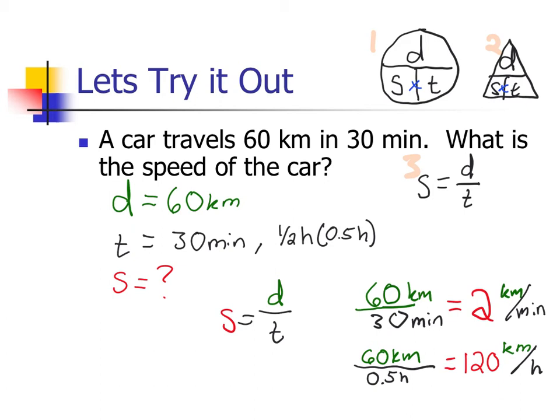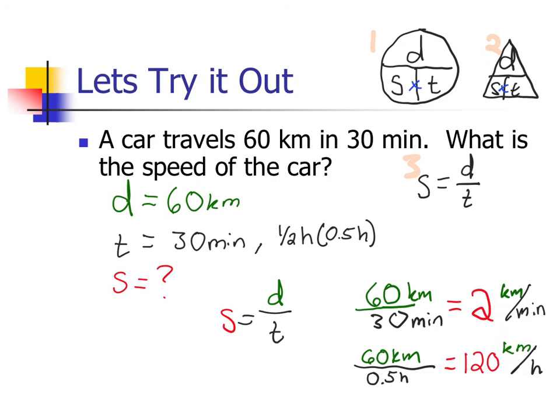The actual speed might look like, most of us would look at this and say, oh my gosh, that 120 is going so much faster. Is it though? No, it's going the same. So we have to be very careful when we look at these about what is the label.